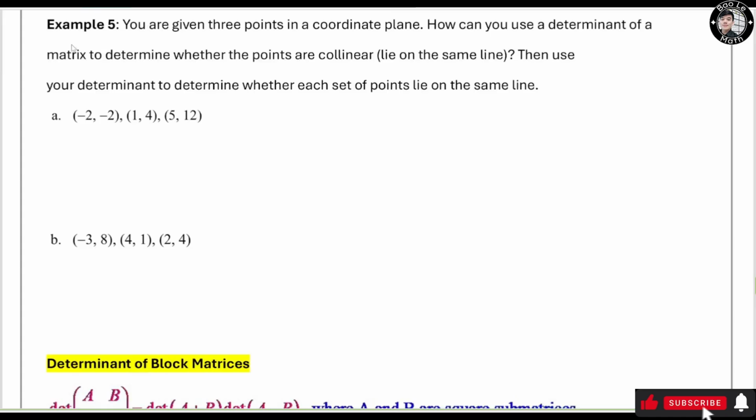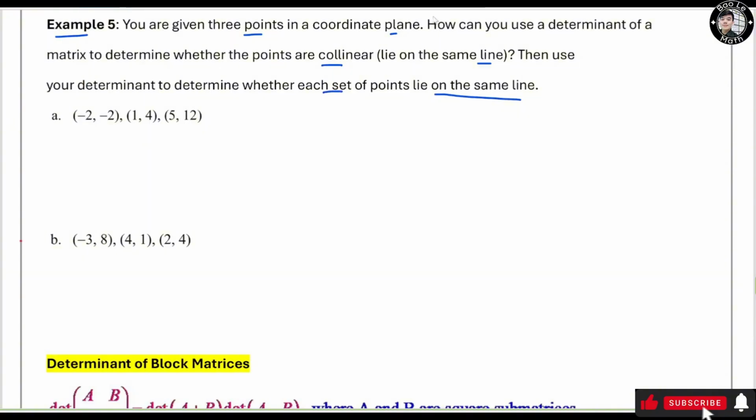Now let's move on to example number 5. You're given 3 points in the coordinate plane. How can you use the determinant of a matrix to determine whether the points are collinear, which means they lie on the same line? Then use the determinant to determine whether each set of points lie on the same line.